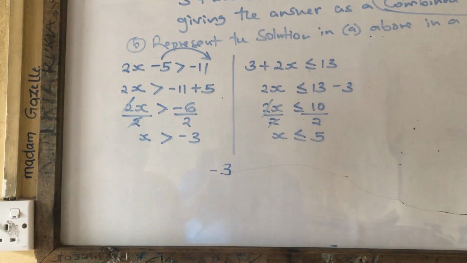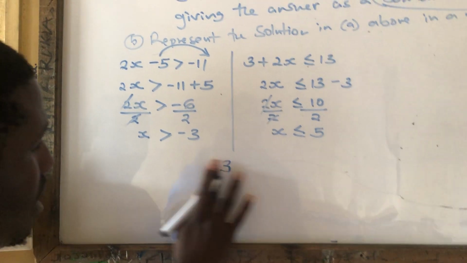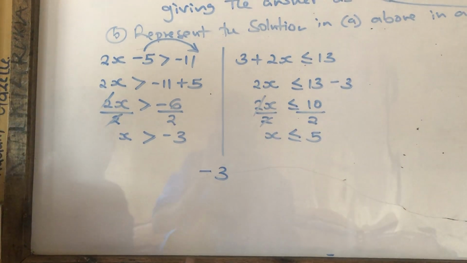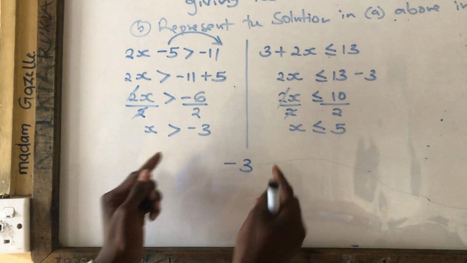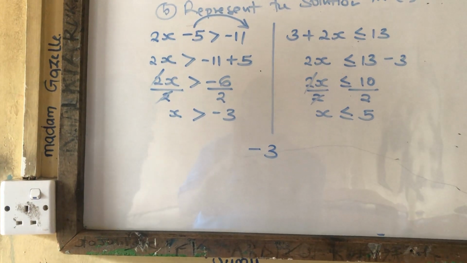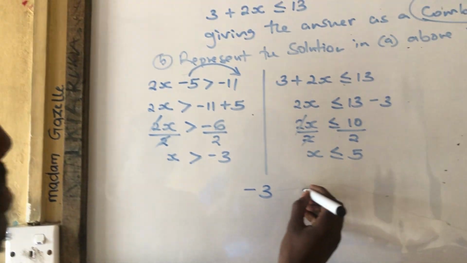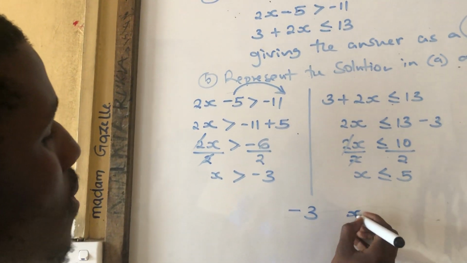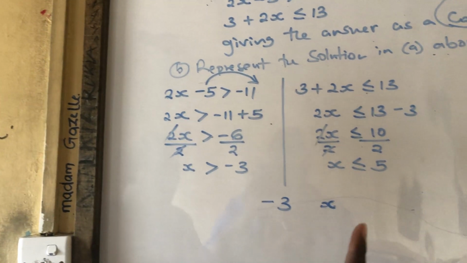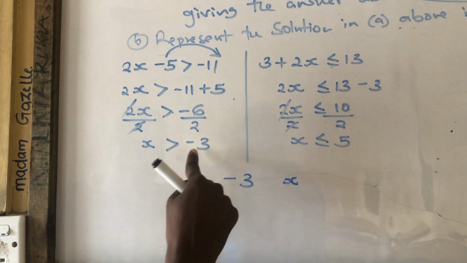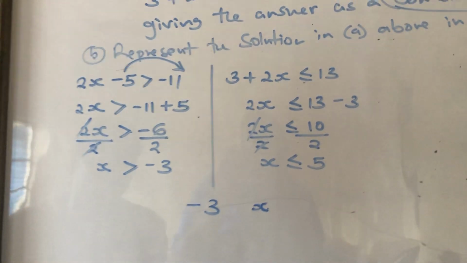So what do we do with this? Remember, we are trying to combine the two answers. In this case, we are going to make them share one x. So the x will be written only once, and the two numbers will be sharing one x.